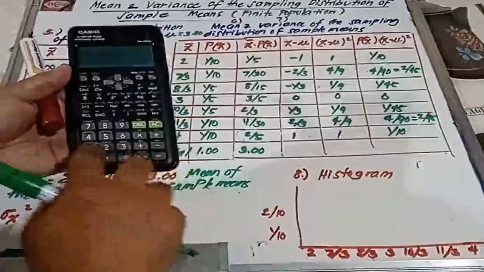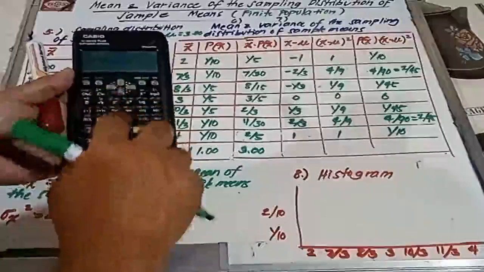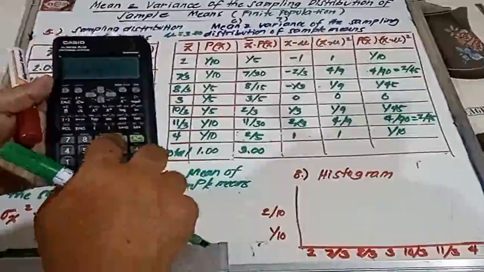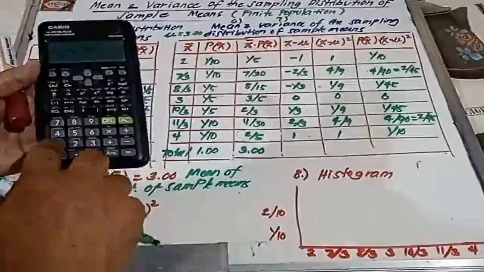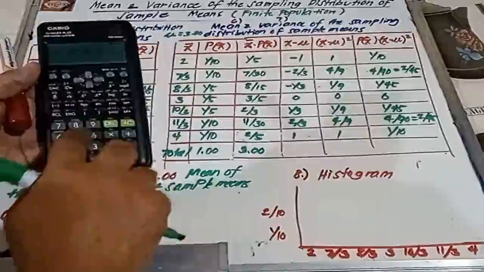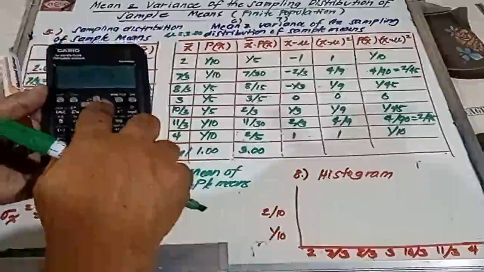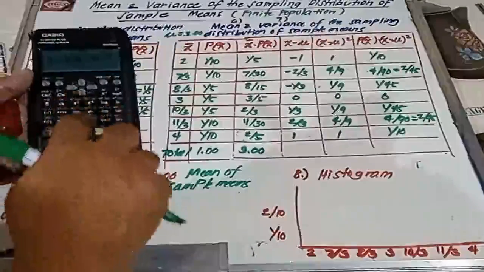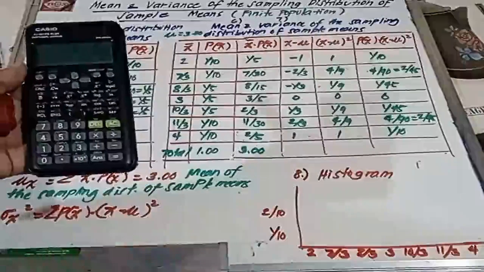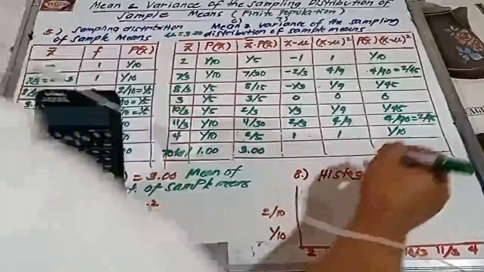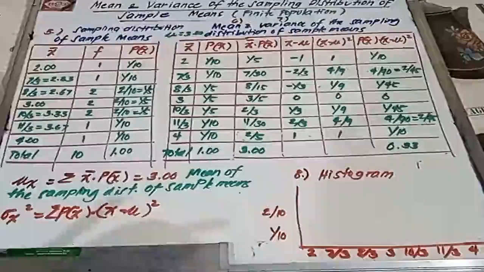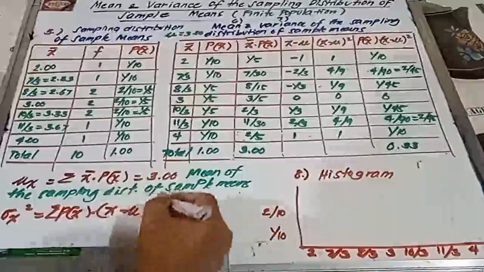Plus 1 over 10. Plus another 2 over 45. 2 over 45. Then equals. Answer is 1/3 or 0.333 or 0.33 na lang. Okay. So, ibig sabihin, ang variance ng ating sampling distribution of sample mean is 0.33.